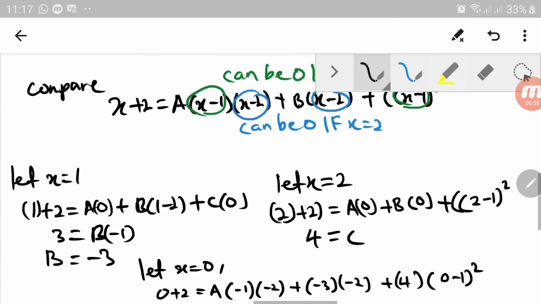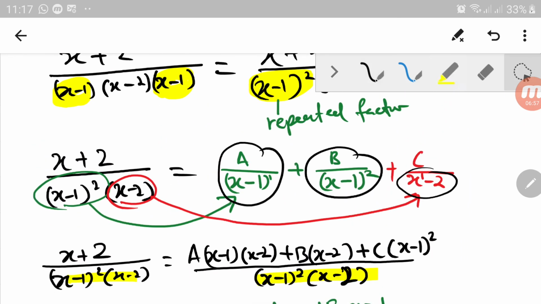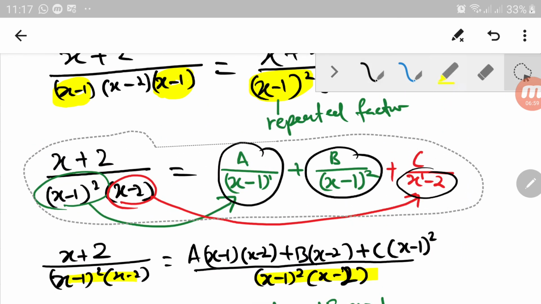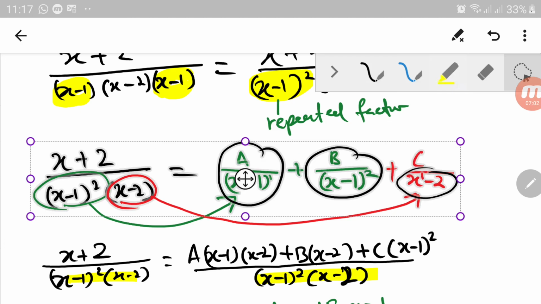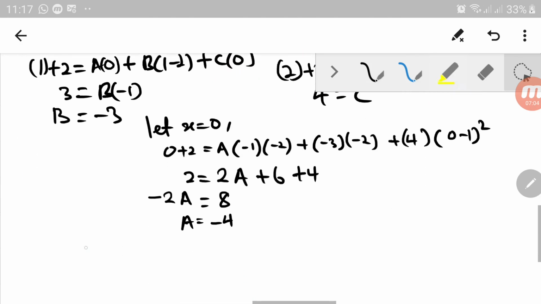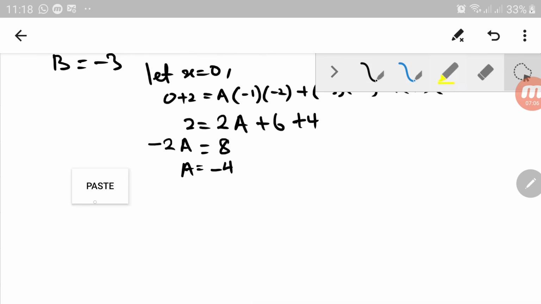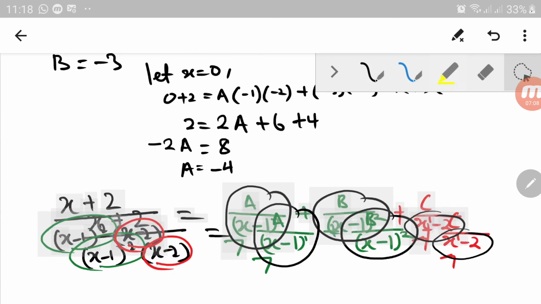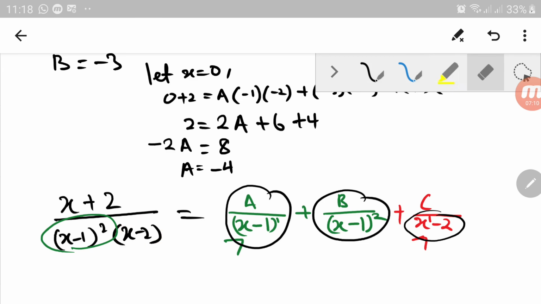Now, what's the expression here? Copy everything, and then we paste it here. Then we substitute all the values of A, B, and C that we know of.